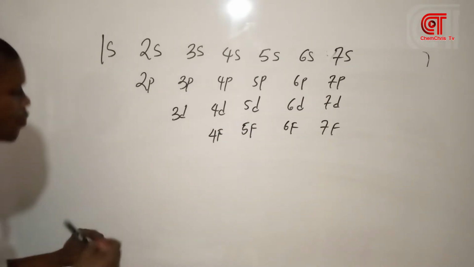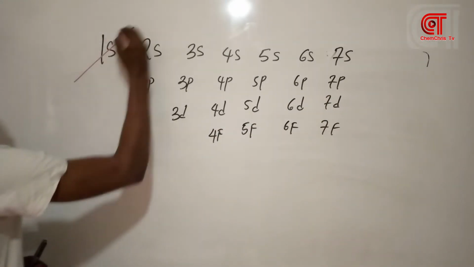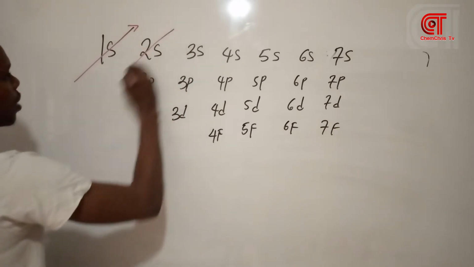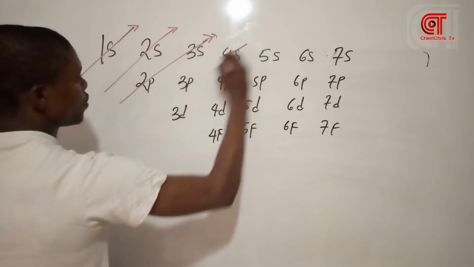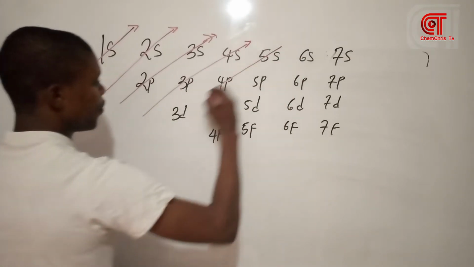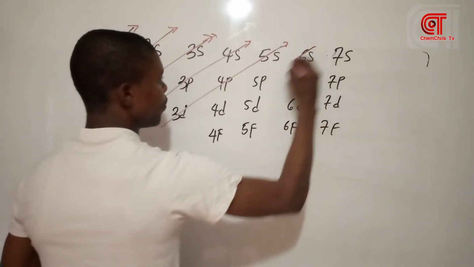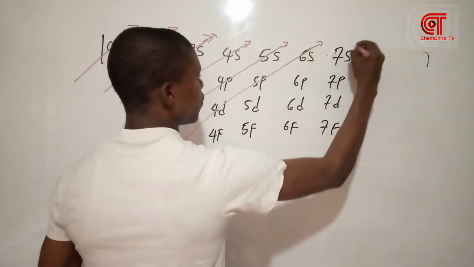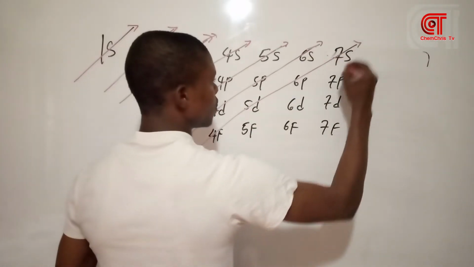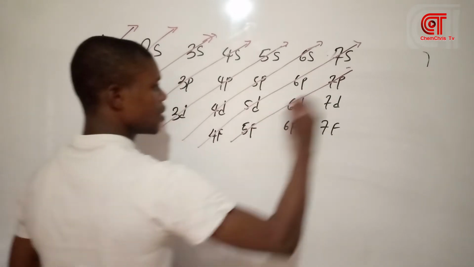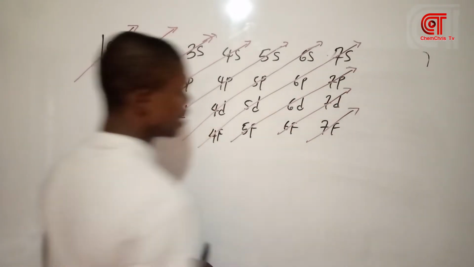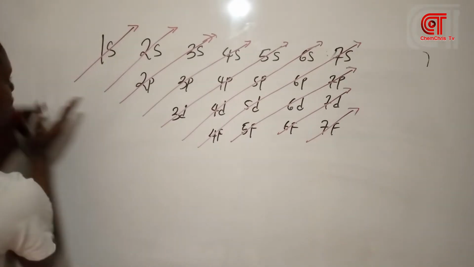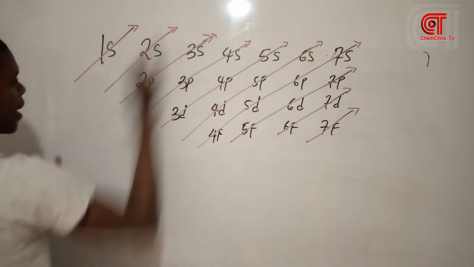After this, you have to draw arrows across like this. So you don't have to force it, it will enter. After this one here, you can see that the arrow is pointing up, right?